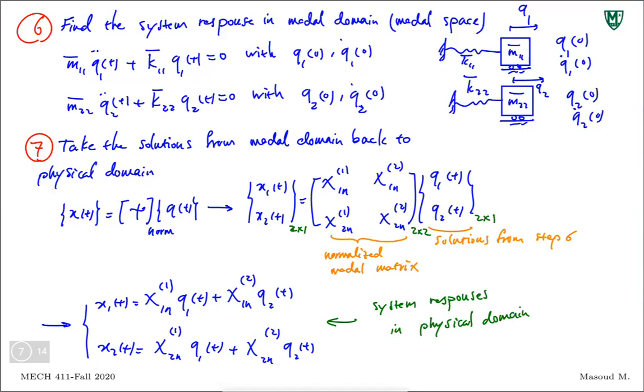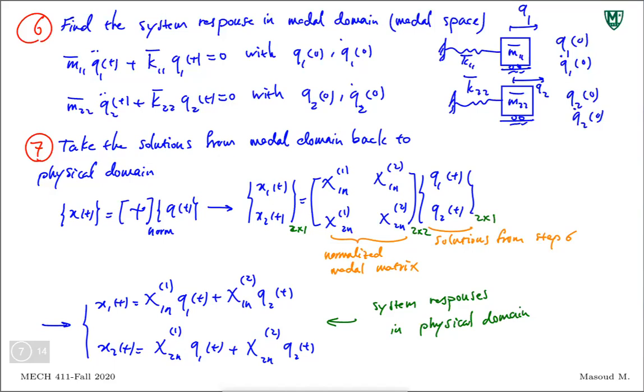So as we said, we can represent the solution. This goes back to what we said at the beginning. We can represent the system response using a combination of modes. Q1 is the response in the first mode. Q2(t) is the response in the second mode. Now, the general response for mass 1 is a combination of these two, weighted by those coefficients coming from the normalized modal matrix.